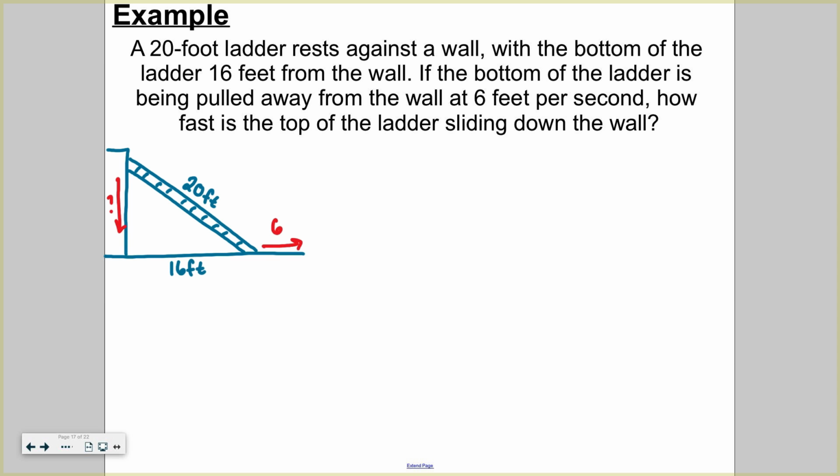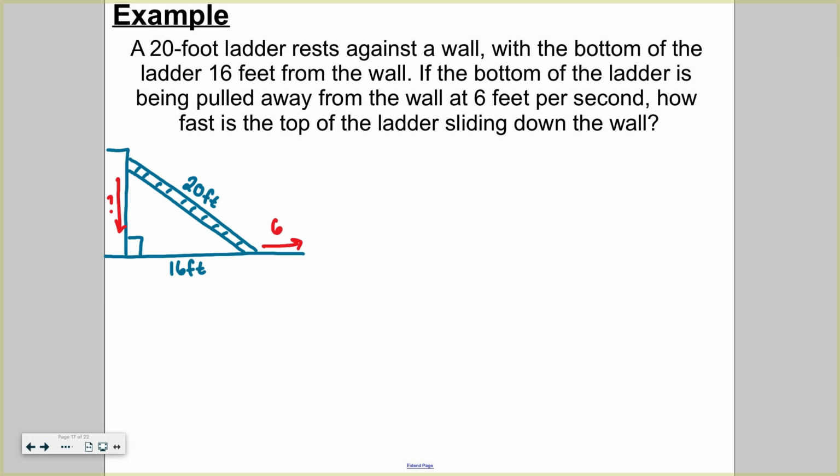Alright, so now we have to figure out what formula we're going to use here. By first looking at it, this is tricky. What formula would we actually use? Well, we have a right triangle, and we are dealing with just the sides of a right triangle. When we're dealing with just the sides of a right triangle, the formula that should be coming to mind is the Pythagorean theorem.